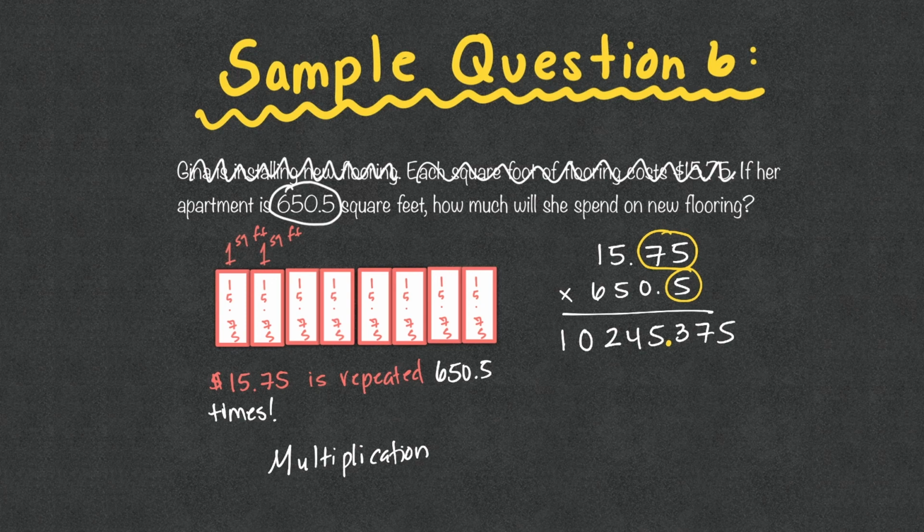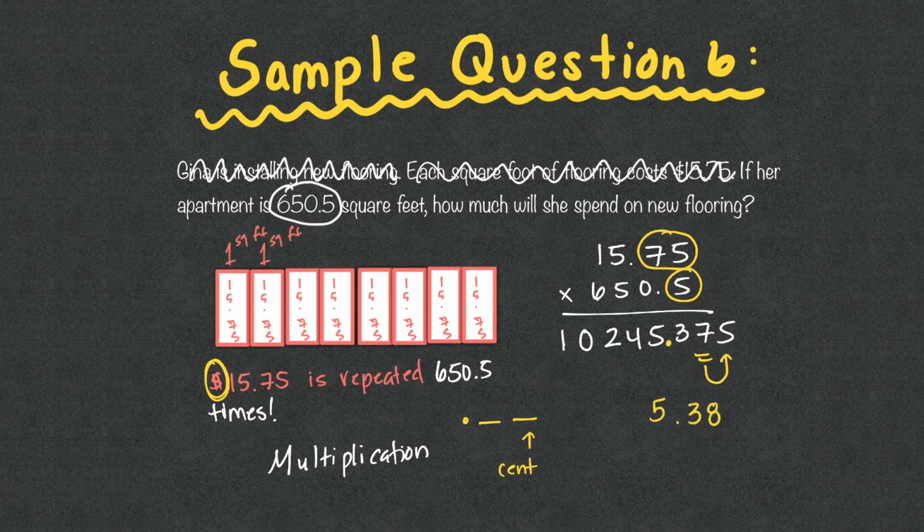Now, some of you may say that this is the final answer, but this problem deals with money. And when you think about money, we only ever have 2 numbers after the decimal. So we round to the nearest cent. The 7 is in the cents place. So we do look behind. The 5 tells the 7 to round up to become an 8.